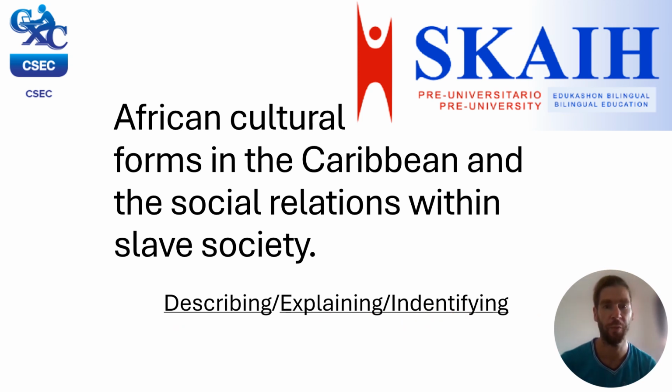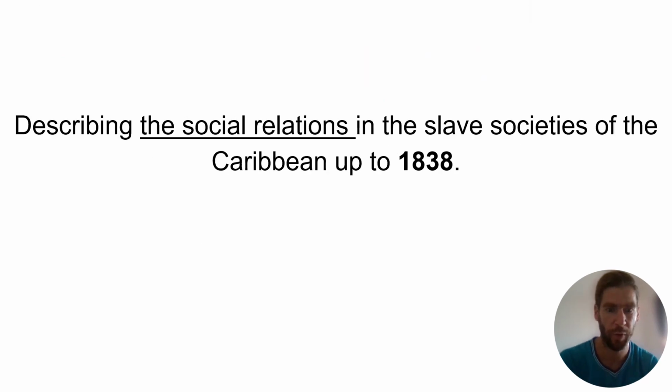Speaking of our objective, over here: describing the social relations. So what were the different groups in society and how did they interact in the slave societies of the Caribbean until the year 1838, until the year of full emancipation in the British Caribbean.